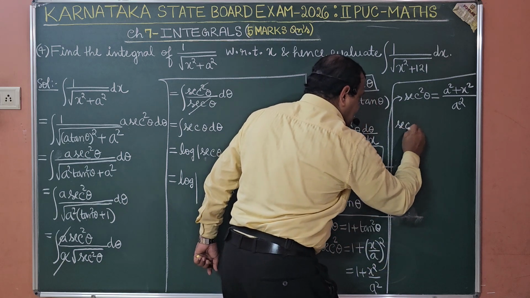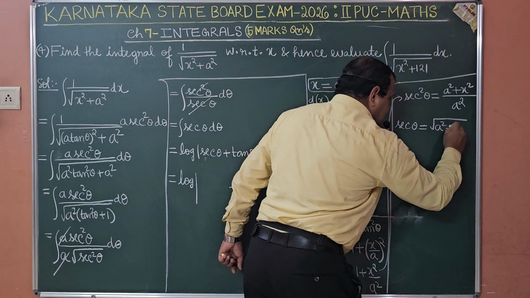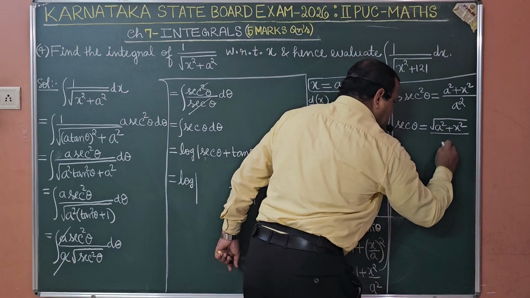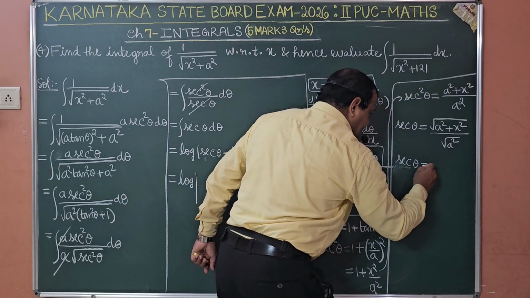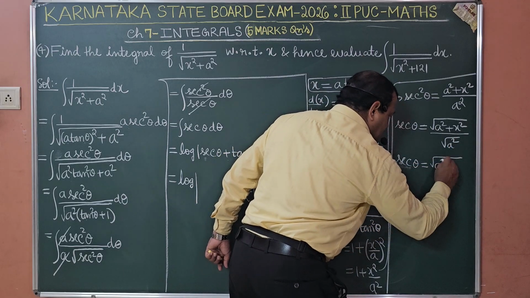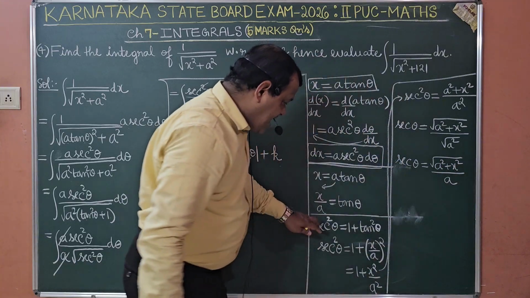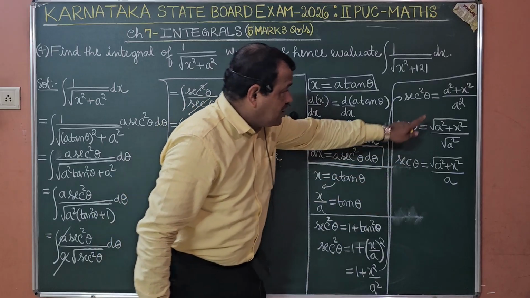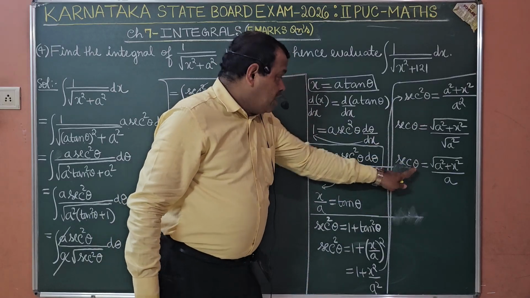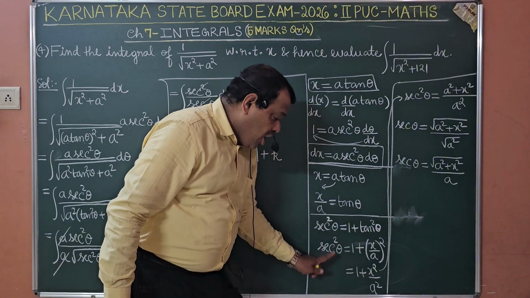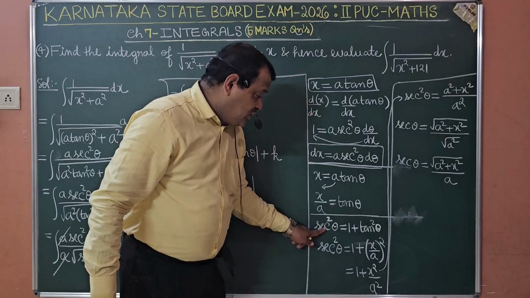Therefore secant theta is square root of numerator a square plus x square by square root of denominator, which is a square. Therefore secant theta is root of a square plus x square divided by a. Here I have shown all the steps of simplification of secant theta, but in the exam there is no need of showing all the steps. You can directly do it in your mind.